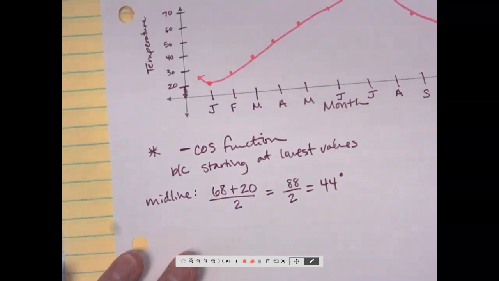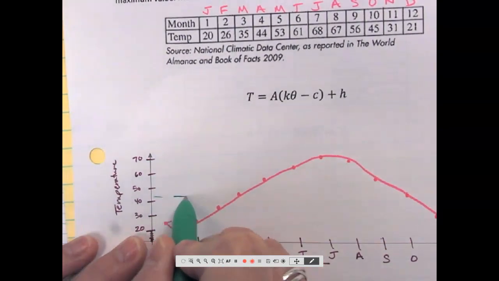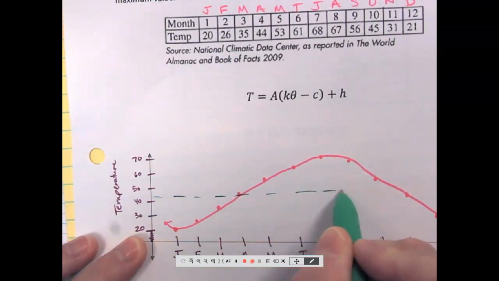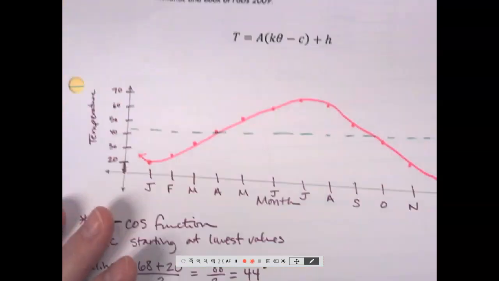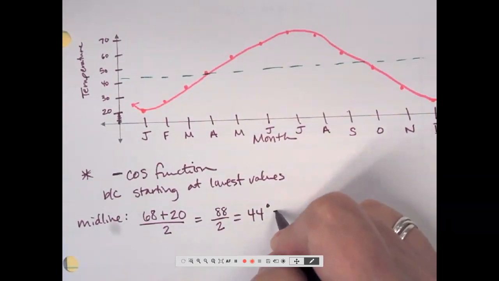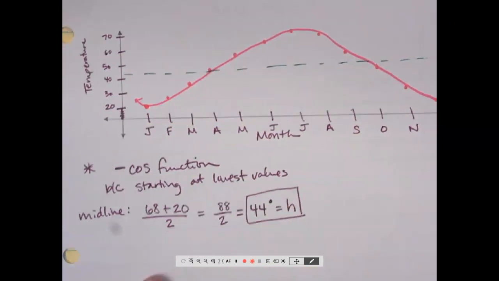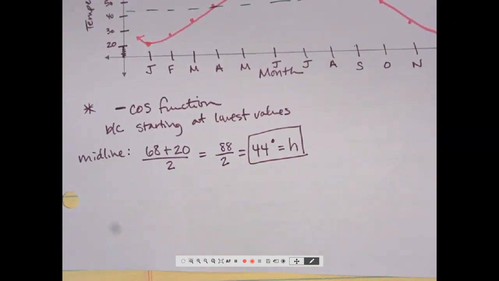I'm going to go up here on my graph and go to about where 44 is. Does that make sense that I'm oscillating over and under that line? Yeah, it looks like it goes through the middle of the curve-ish, right? Okay, so this is going to be my H value. That'll be my vertical shift.